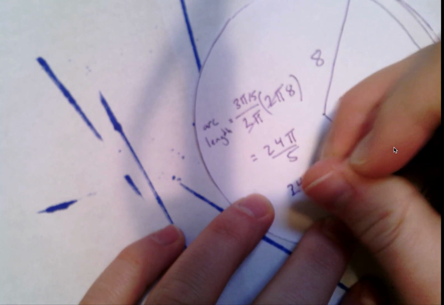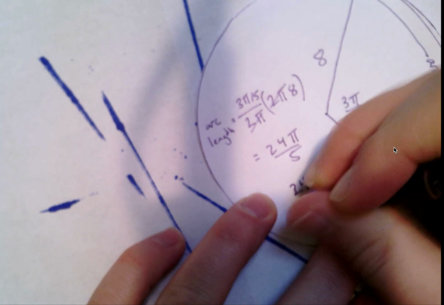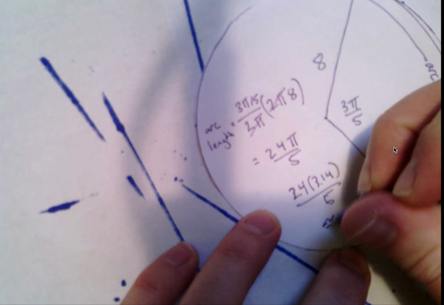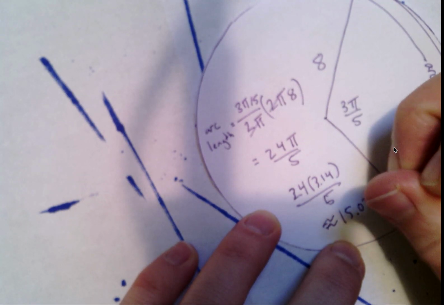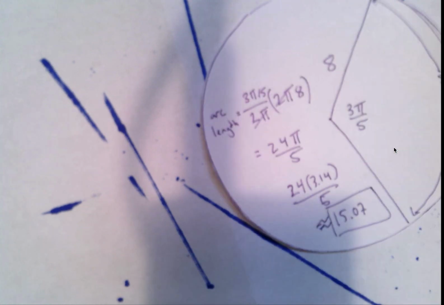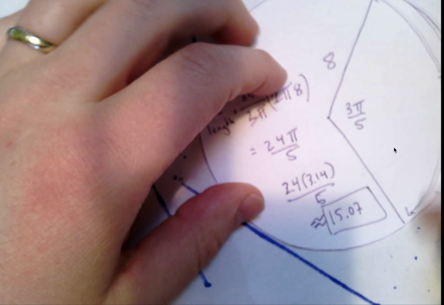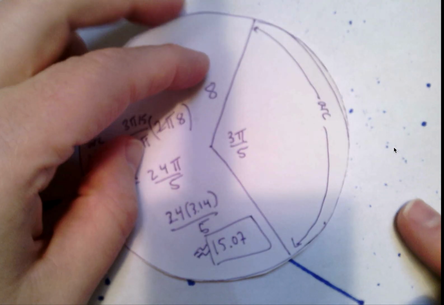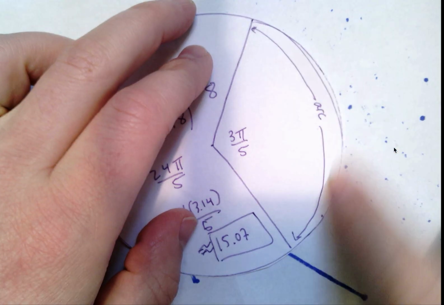So we would do 24 times 3.14 divided by 5, and we would get approximately 15.07. And that would tell us this thing right here is 15.07 units long. So if this is 8, then this is 15, almost double the size.